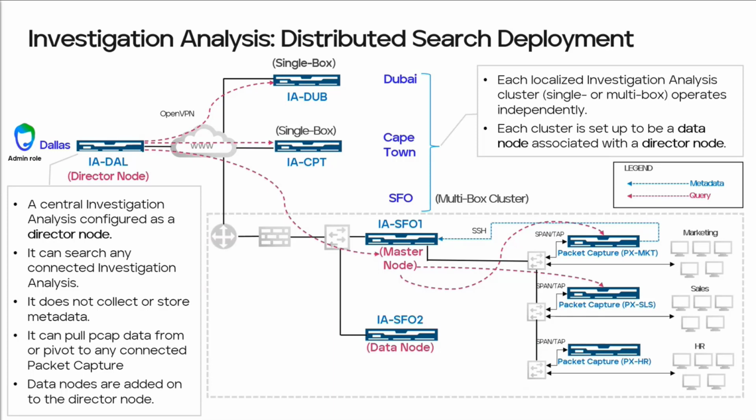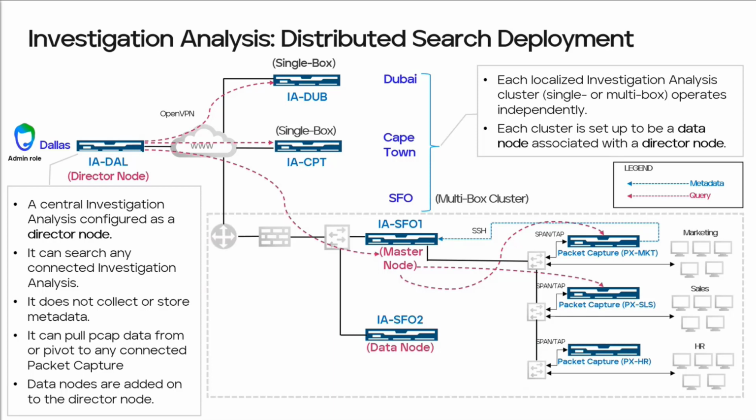This deployment, again, is called a director node deployment, allows searching for metadata across all investigation analysis systems and associated packet capture systems or designated systems only. For example, IA Dubai, IA Cape Town, and IA San Francisco all are managed by this central investigation analysis system and has visibility over all of them.